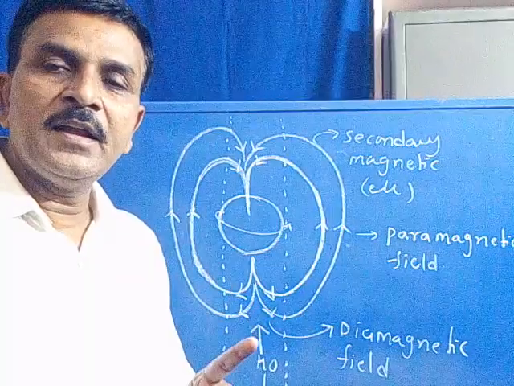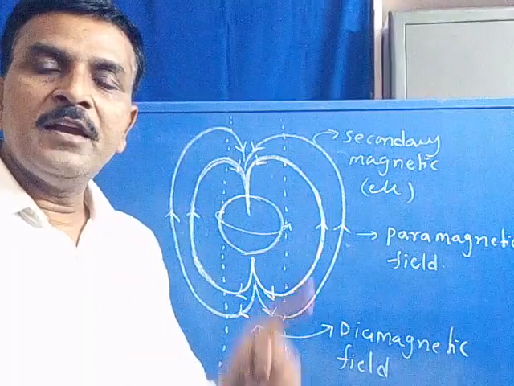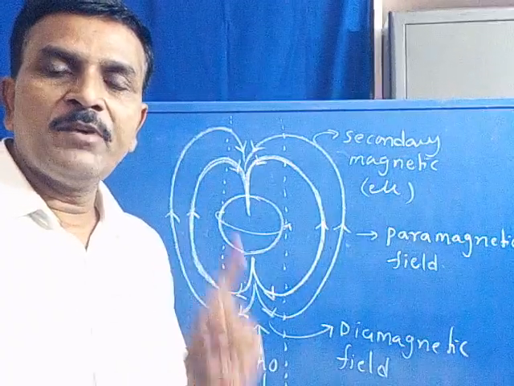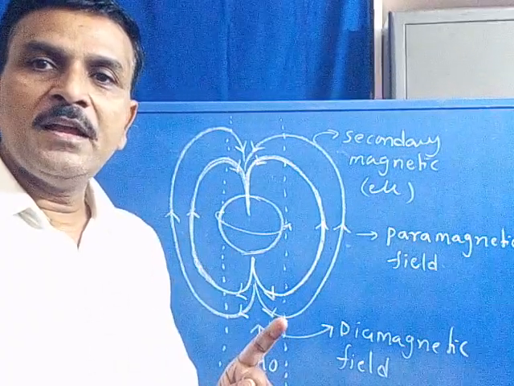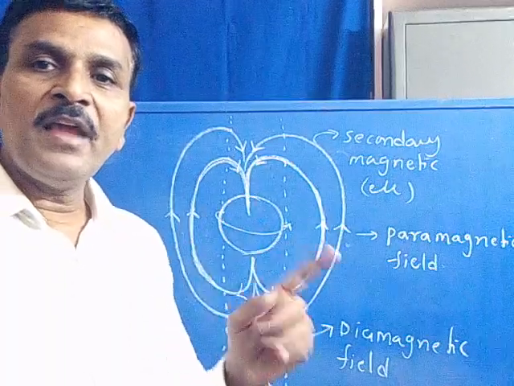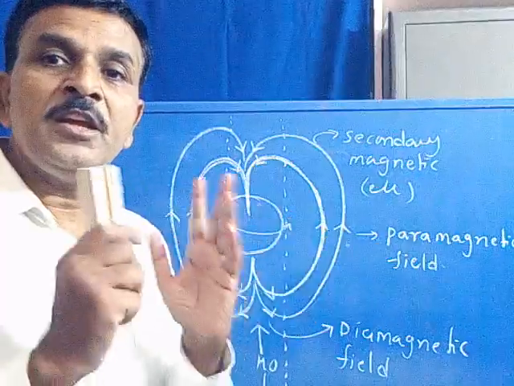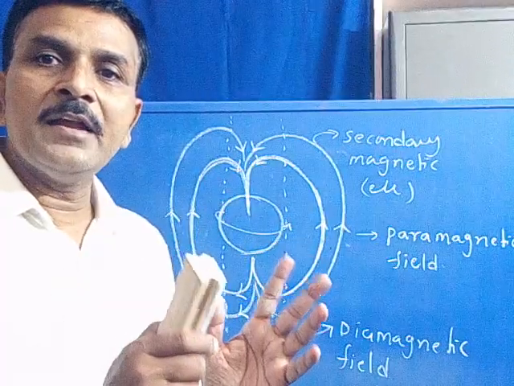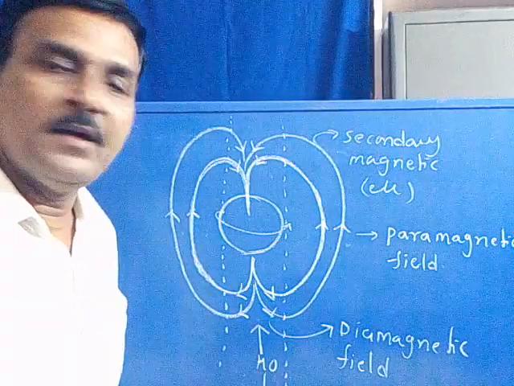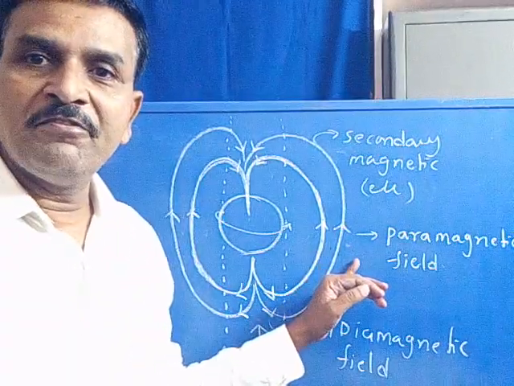What is diamagnetic? The secondary magnetic field whose direction exactly opposes the direction of the applied magnetic field is diamagnetic. Similarly, the secondary magnetic field whose direction is exactly similar or aligned to the direction of the magnetic field which we applied is called a paramagnetic field.